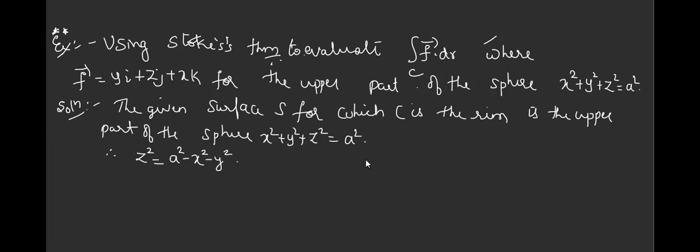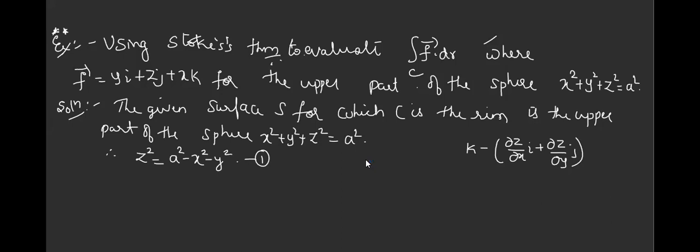Okay. Now take this as equation 1. See, we have to substitute k minus, if you just remember, dou z by dou x i plus dou z by dou y j. This is what we have to substitute. Because z is a function, we can express it in the form of x and y here.